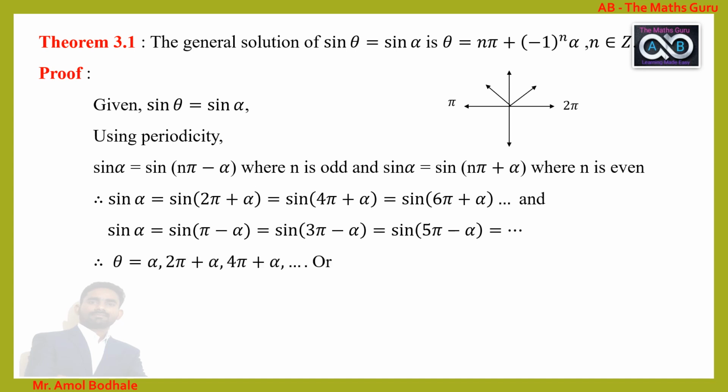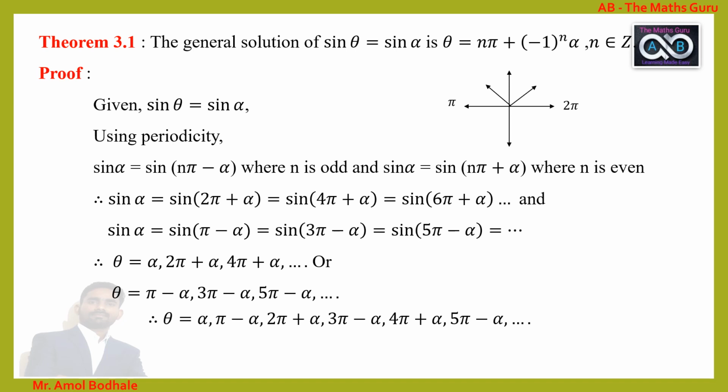So therefore from the first condition theta equal to alpha, 2 pi plus alpha, 4 pi plus alpha, and so on, or from the second condition theta equal to pi minus alpha, 3 pi minus alpha, 5 pi minus alpha, and so on.